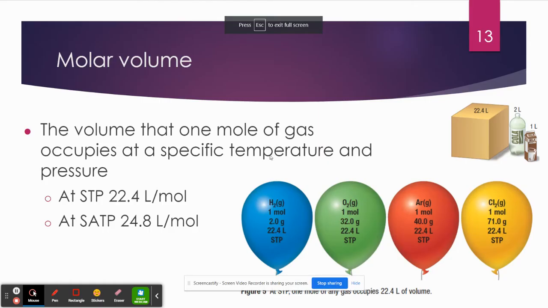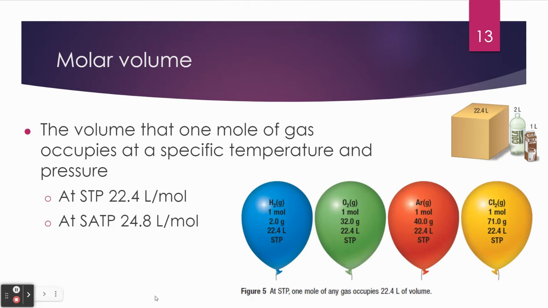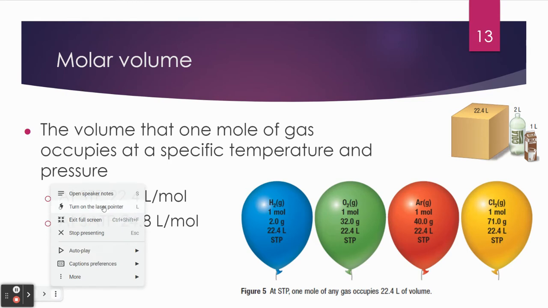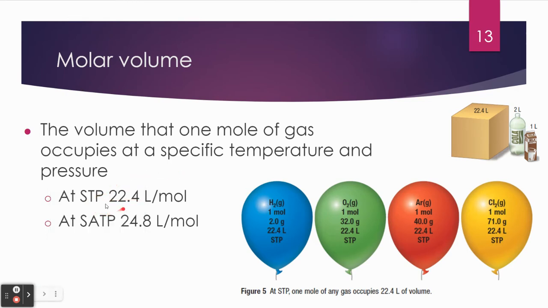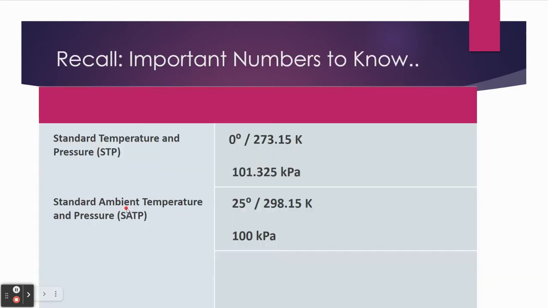Let's see what the molar volume is all about. Scientists have come up with two numbers that make it easy for us to do some calculations. They found that at STP, remember STP, we have 101.325 kPa and 273.15 Kelvin.